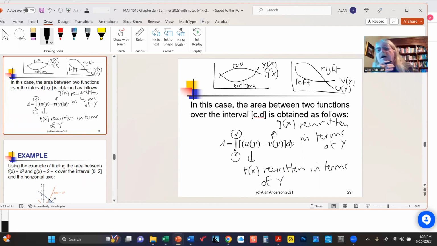Okay, that's another consequence of this. Instead of thinking in terms of tops and bottoms, we have to think about rights and lefts. In other words, the top function, the bottom function, or the right and the left.